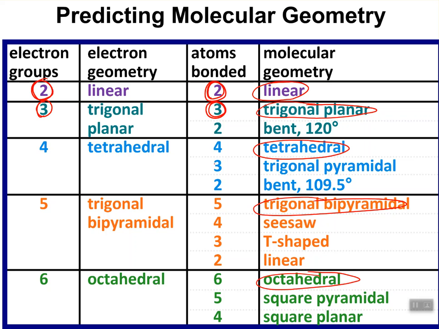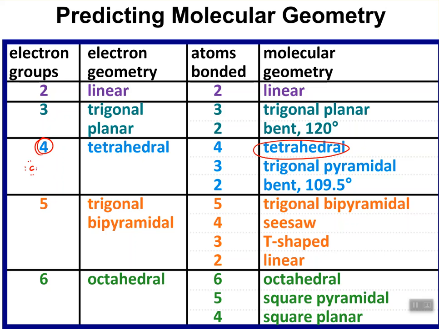So for example, let's look at tetrahedral for a minute. On tetrahedral, if there are 4 electron groups, so it would be something like this, 1, 2, 3, 4, and 4 atoms attached, then there are no lone pairs.